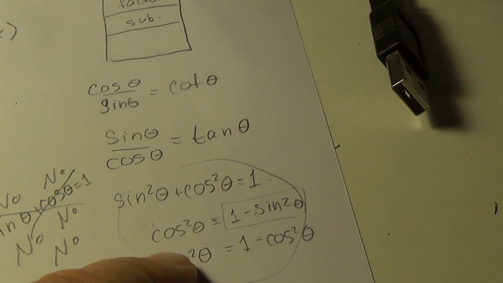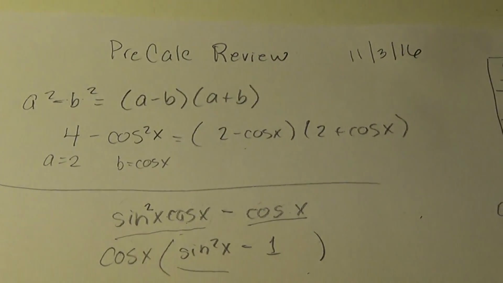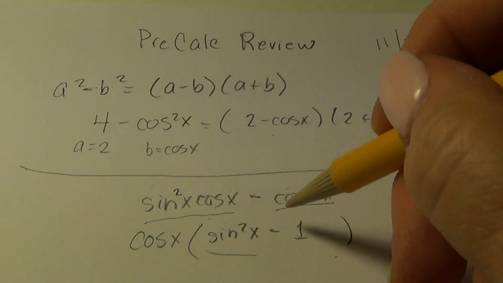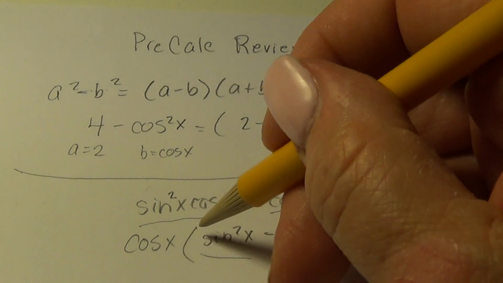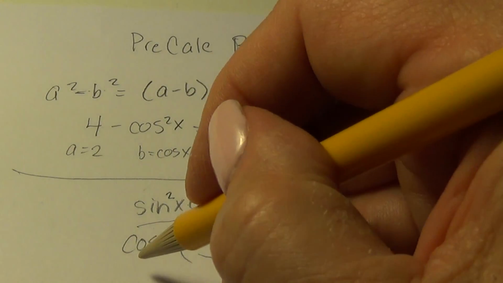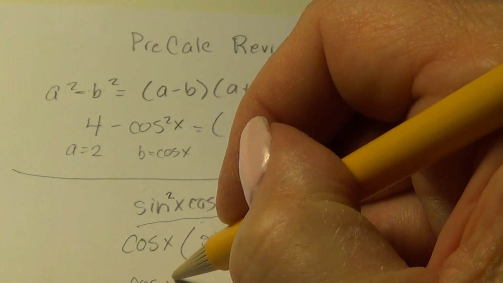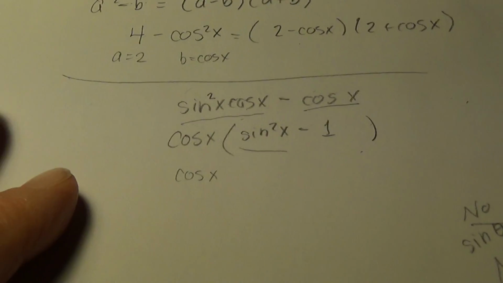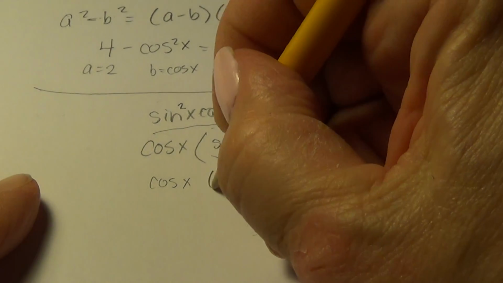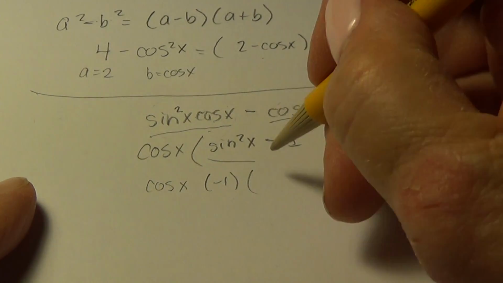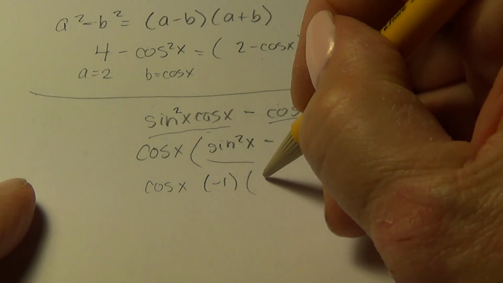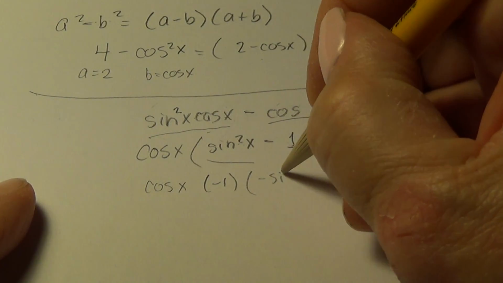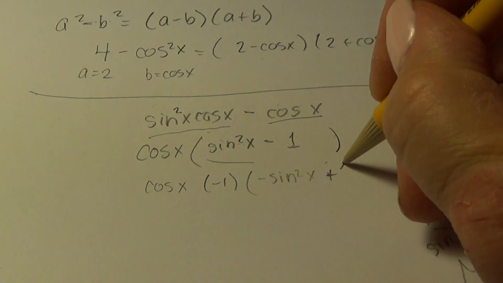So I can use cosine squared. And the trick was we pulled out a negative. So when I pull out a negative or divide out a negative in front of that, it's as if I pull out a -1 in front of the parentheses. And that will cause everything in there to change signs. So the positive will become a negative, and the negative will become a positive.